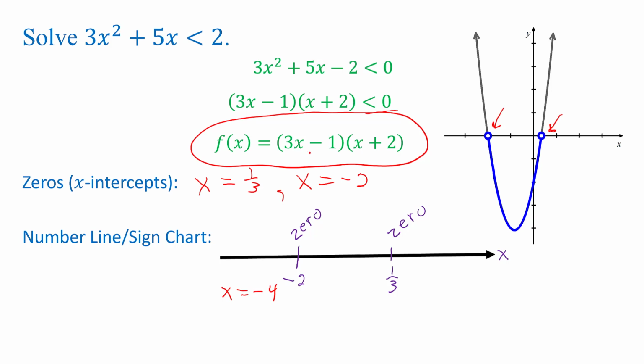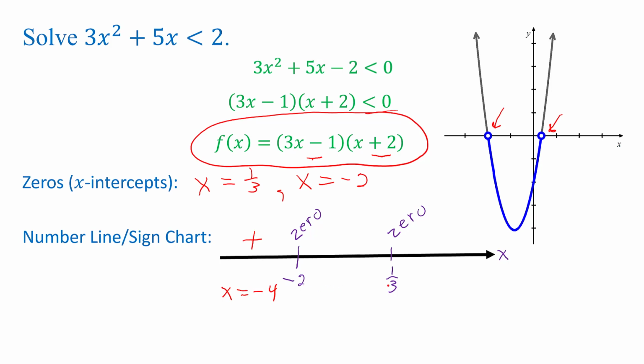Well, 3 times negative 4 minus 1, I don't really care what number it is, I can tell pretty quickly it's going to be negative. And then negative 4 plus 2 would also be negative. A negative number times a negative number is a positive value. So to the left of x equals negative 2, all y values would be positive for this function.